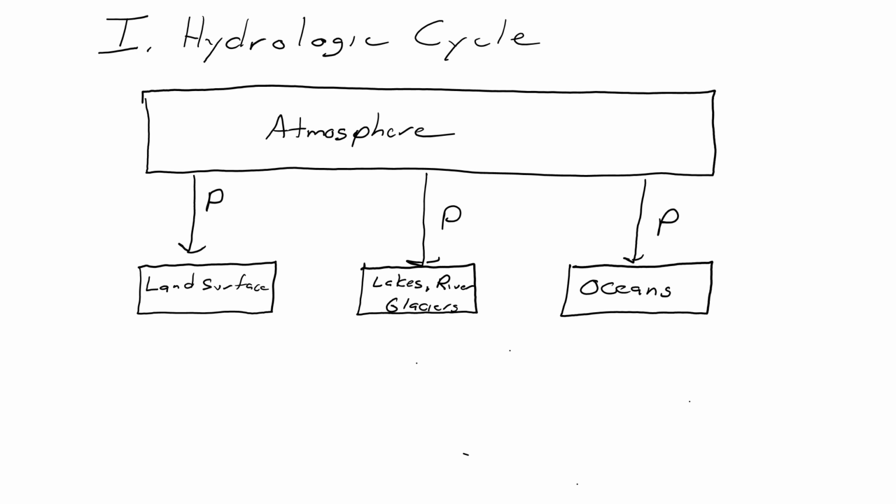What are its options? Anywhere but up. Can it go up? Unless it evaporates. It can evaporate, so it can go back up into the atmosphere, right? E for evaporation. What else can happen to that raindrop?